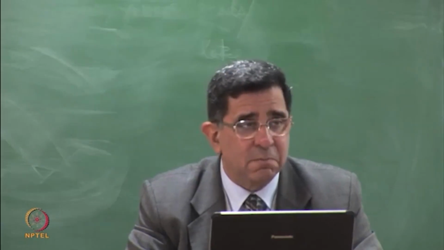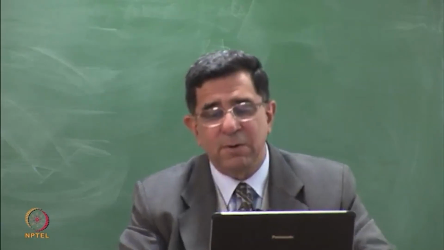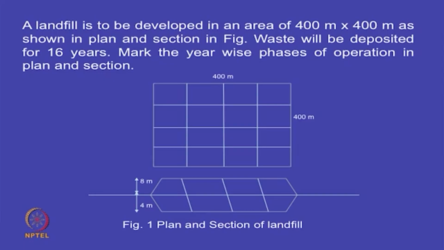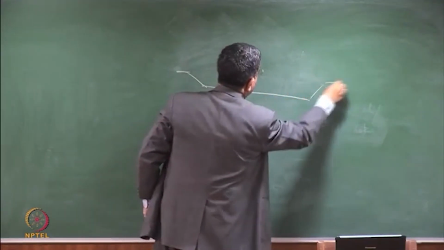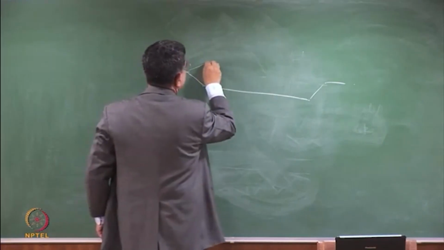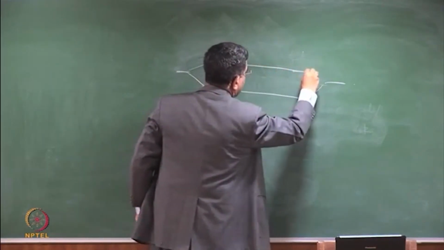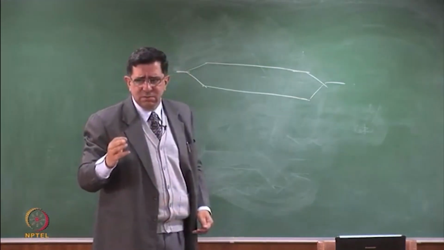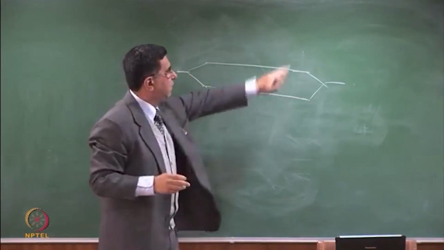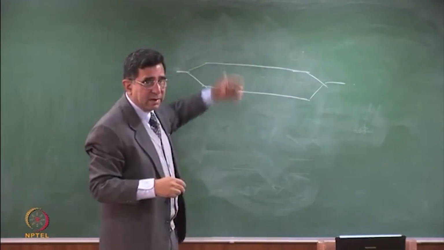Just take an example of a below ground landfill if you don't operate it properly. And I am going to come back to that question which I gave you in the first minor. It is a below ground and an above ground landfill, if you recall, right? And there were 16 phases, you remember? 1, 2, 3, 4, 5, 6 kept going behind and behind and behind, right?